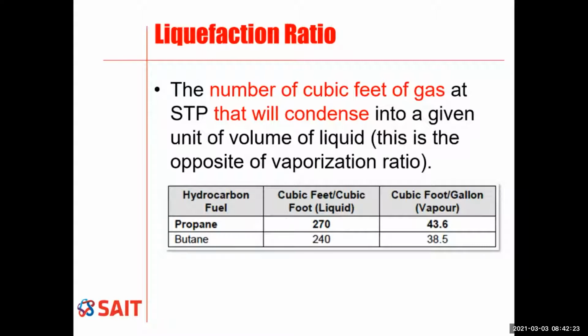For every gallon of propane liquid, you will get 43.6 cubic feet of vapor. Those two numbers for propane are the ones you need to know. I'm not going to be really concerned about butane.